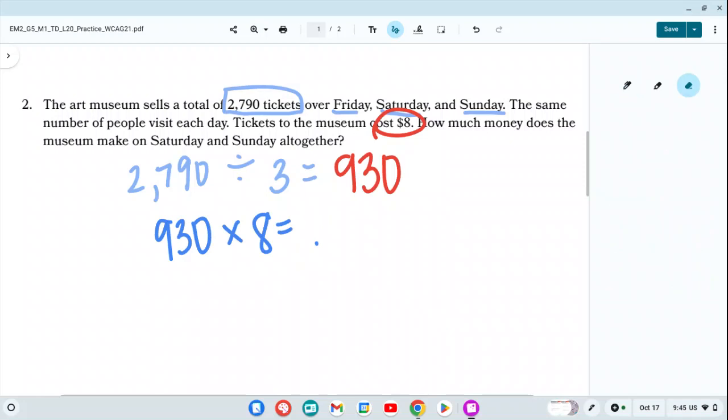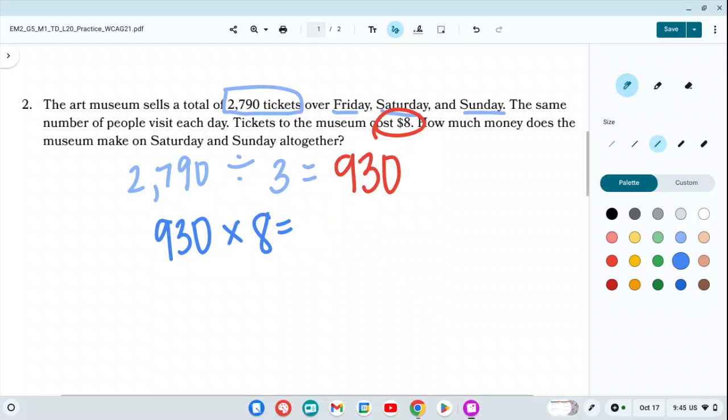All right, welcome back. Hopefully you're able to figure out on your own that when we multiply 930 people each day times $8, that is $7,440. Money, money, money.